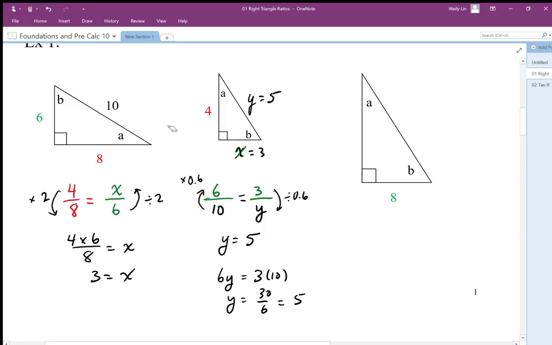In this case, the difference is that here I did a ratio comparing two sides, this side to this side, whereas in this example I compared the same two different sides in the same triangle. And we know that with proportionality there's a times factor going left and right and up and down.